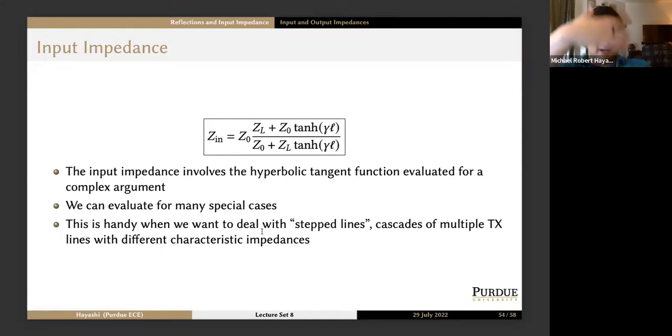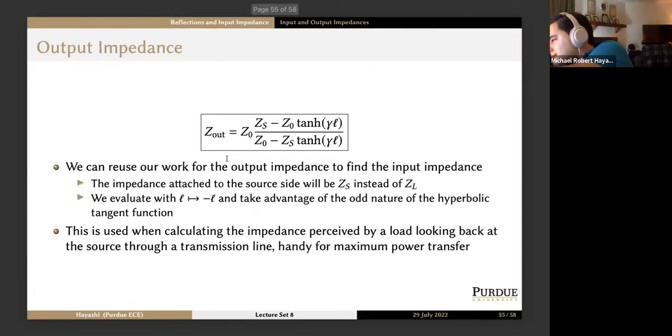So you cascade multiple transmission lines with different characteristic impedances one after another. It basically says, looking into the source side of a transmission line where there are many transmission lines after it, what impedance would you actually measure? For output impedance, you just plug in negative L and swap things around where you talk about the source impedance. Instead of that, you get output impedance.